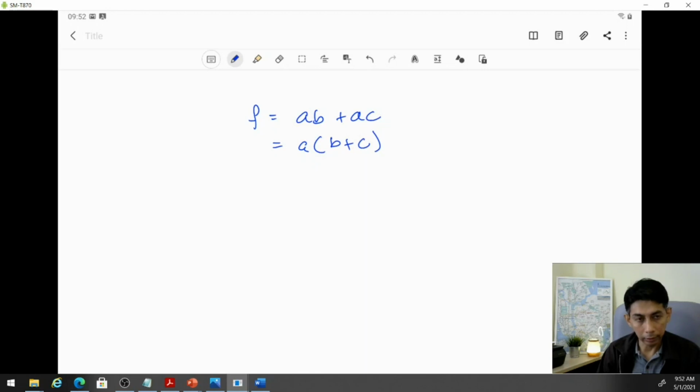Here we can reduce the size of our circuit already, where we have only one multiplier and one adder here. Before, we have two multipliers because we have two multiplications. By factoring, or maybe sometimes we have something like this.